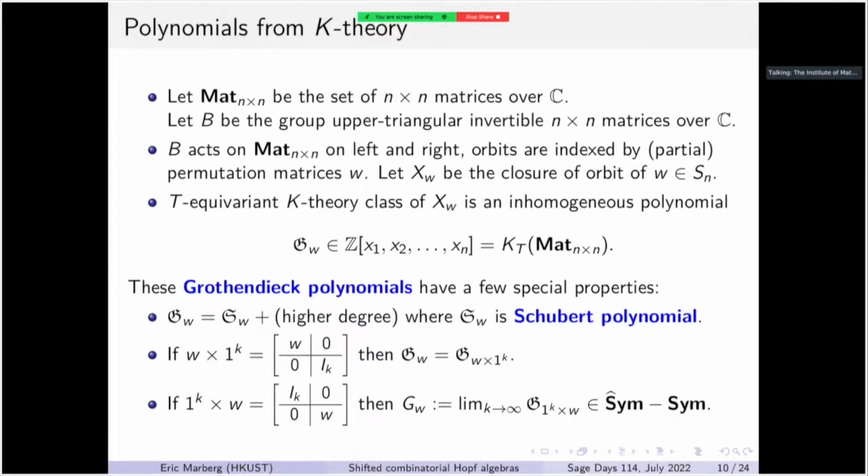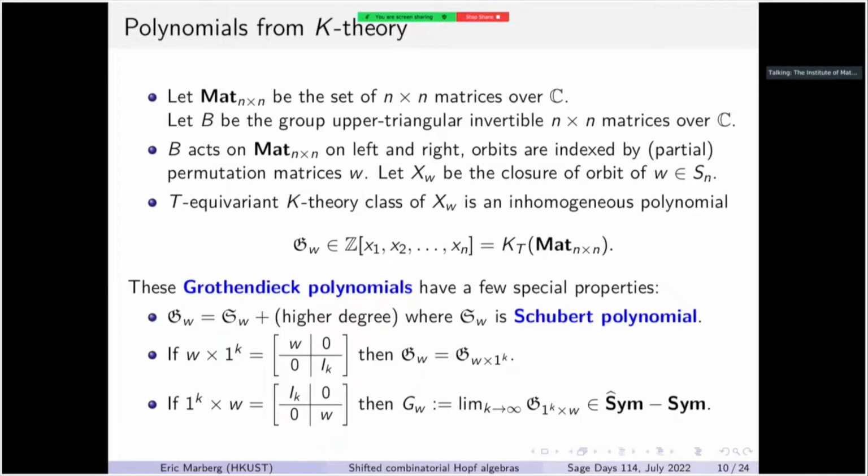If you take a permutation W, which we view as a permutation matrix, in S_n, and you add an identity matrix in the lower right block, now you have a permutation in a larger symmetric group, indexing a different orbit closure in a larger set of matrices, and this is a different polynomial. But it turns out that these two permutations index the same Grothendieck polynomial. So these are not indexed by S_n, they're indexed by S infinity, or you can index them unambiguously by permutations of all the integers that fix the negative numbers.